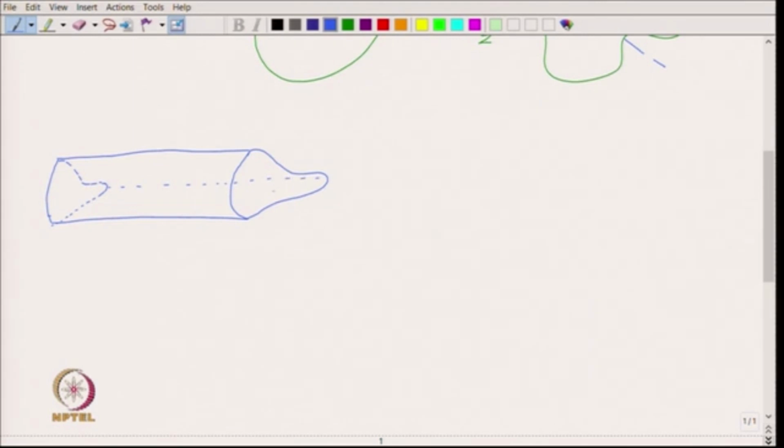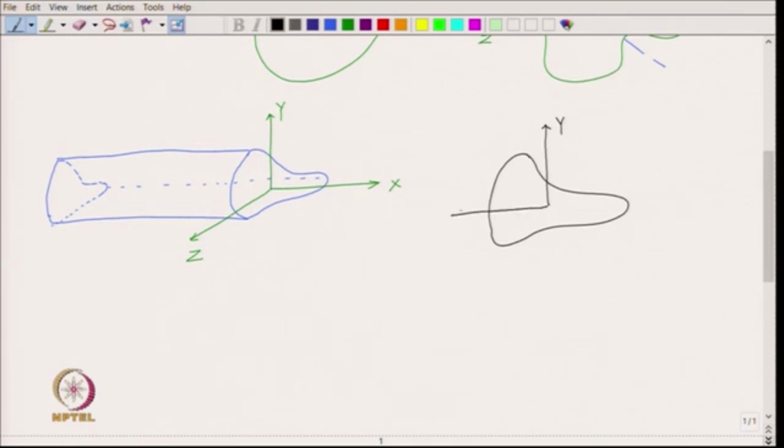And then we have the x axis along the axis of the beam, and y and z in the beam's cross section, which is unsymmetrical now. Let us just draw the cross section now. Suppose this is the cross section, and we have the centroid of the cross section and the y axis as well as the z axis.